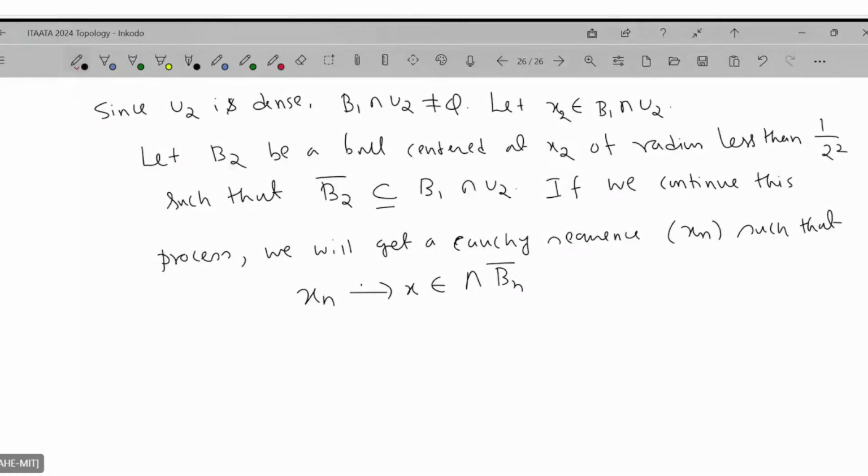Whatever we have chosen, B1 contains B2, B3 contains B4, and so on. So x will be in all of these, which is the same as their intersection, and this will be a subset of U intersection Un. So this proves that U intersection Un is non-empty.